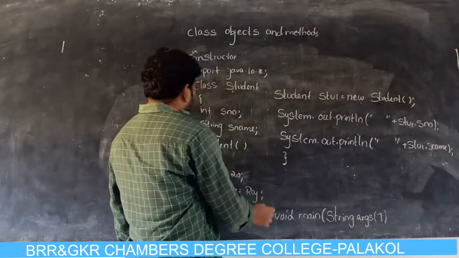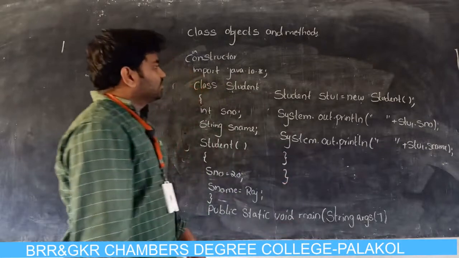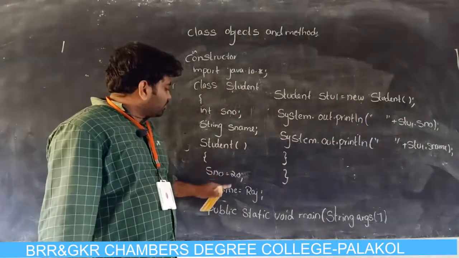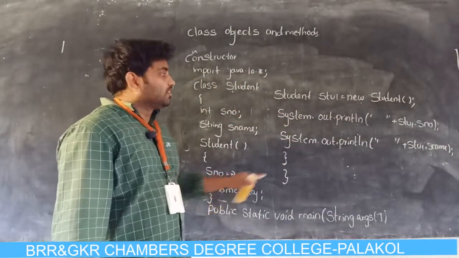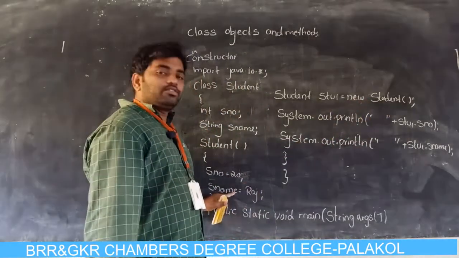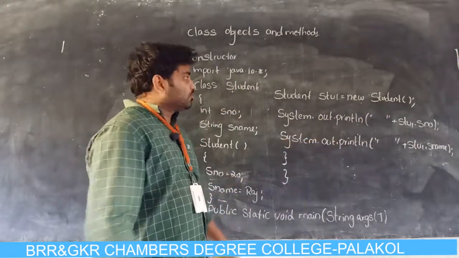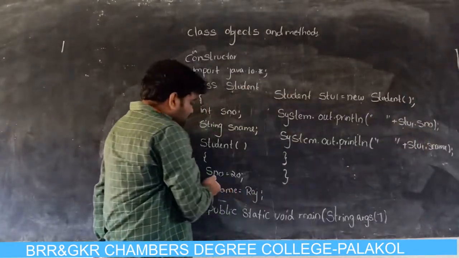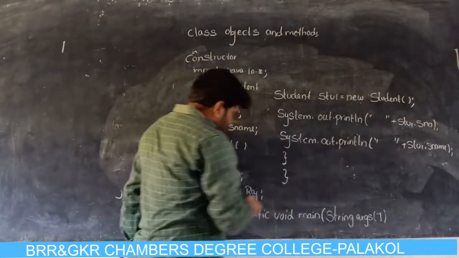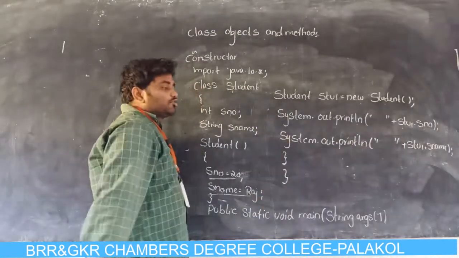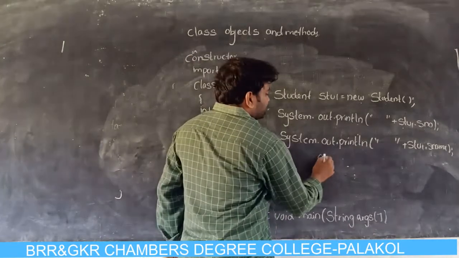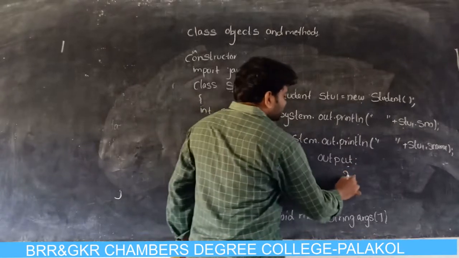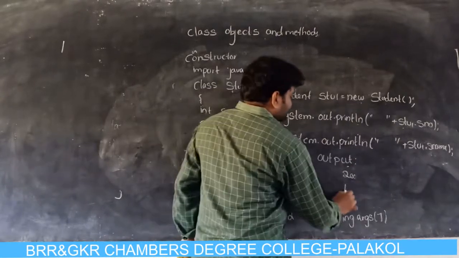Curly bracket close and curly bracket close. Using the constructor, multiple variable initialization is done; the constructor is called and the values are substituted and displayed: stu1 dot s number and stu1 dot s name. Okay, the output is stu1 20, next Raj.